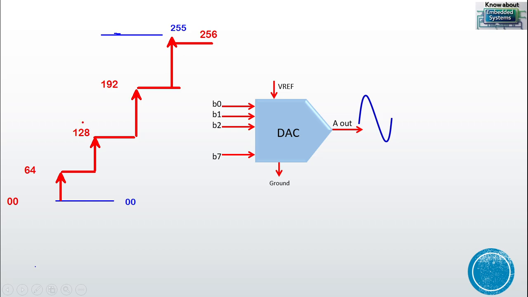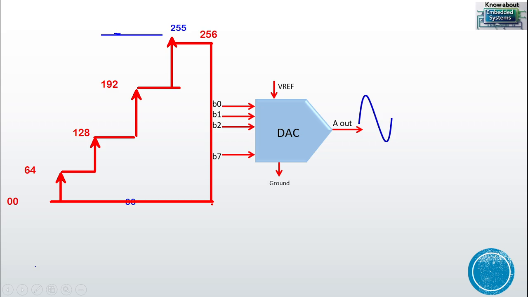During the second step, we assign the second value, that is 128, and the DAC will produce the voltage for that, then similarly for 192, and finally for 256. After that, if you want to do the same thing in reverse order, you can do that, or else you can directly come back to 0. So this is how you can generate the staircase waveform using DAC. This is the theory, or the calculation, behind staircase wave generation using DAC.